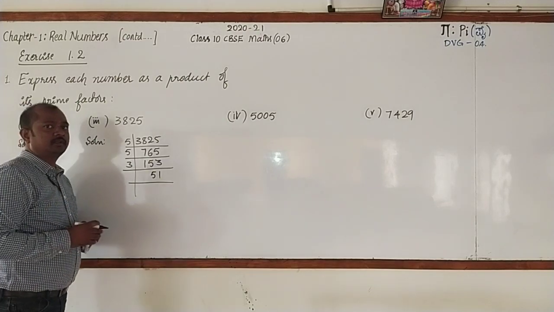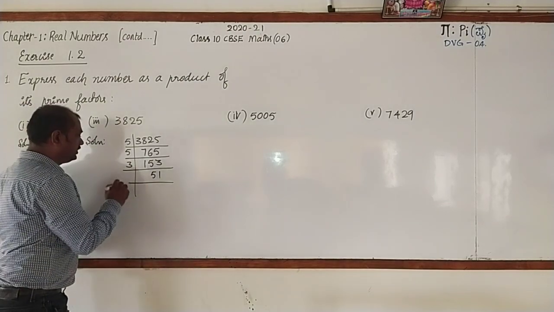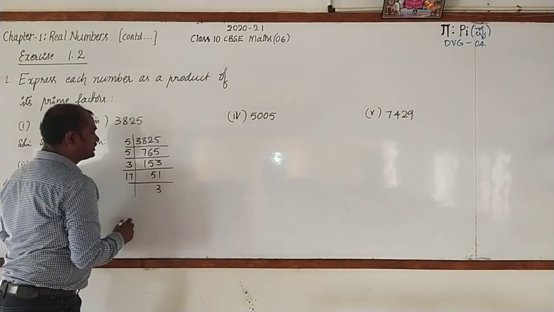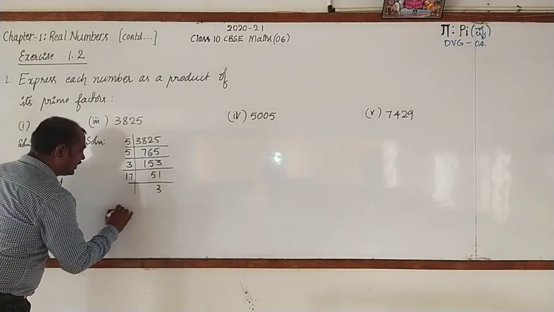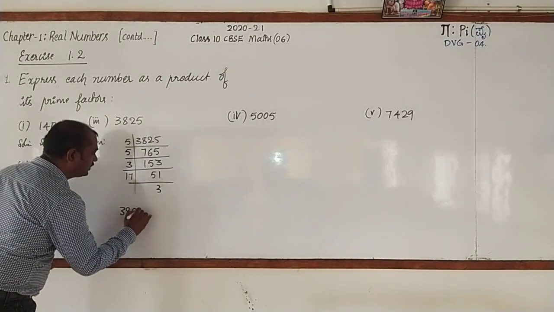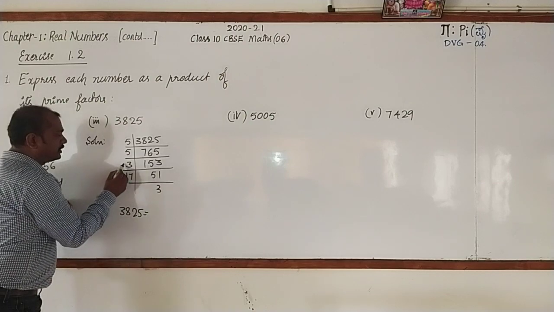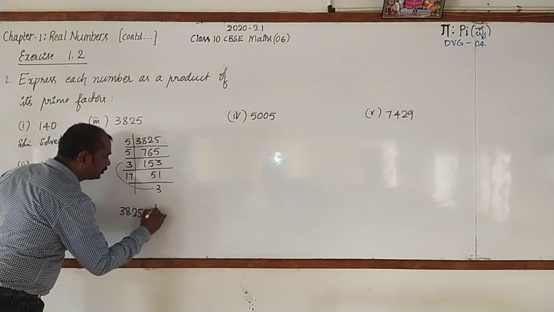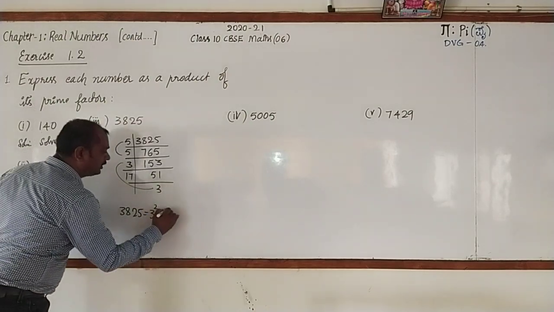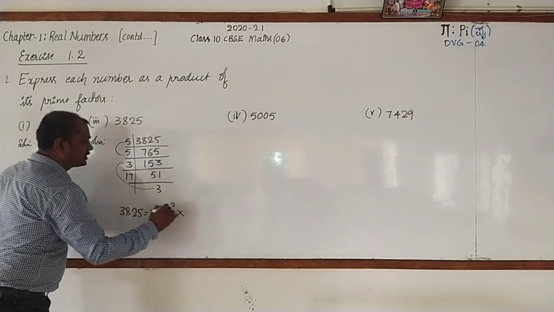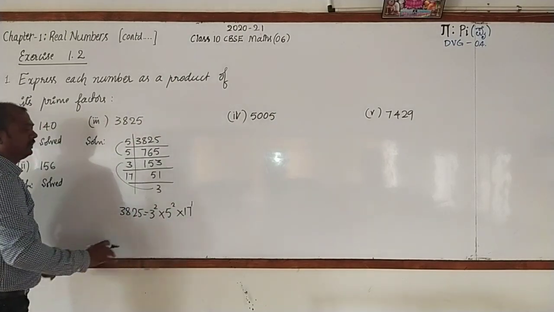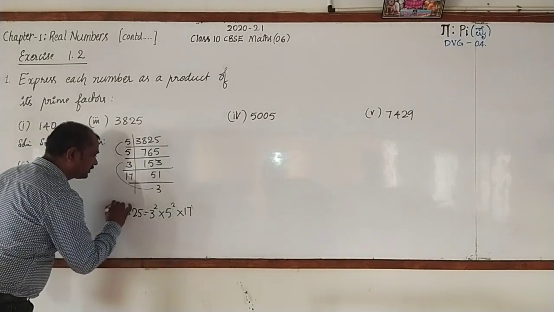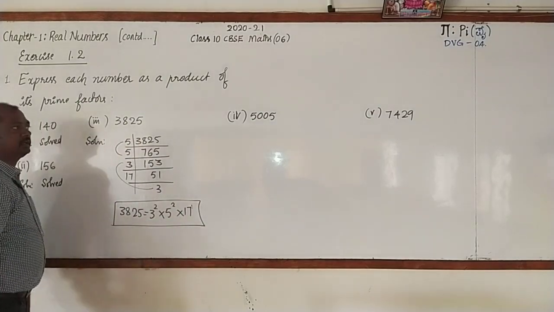So 51 is a multiple of 17. 17 threes are 51. Now the prime factorization of 3825 can be written as, observe it, 3 is repeated 2 times, 5 is repeated 2 times and 17 is repeated 1 time. So this is the prime factorization of 3825.